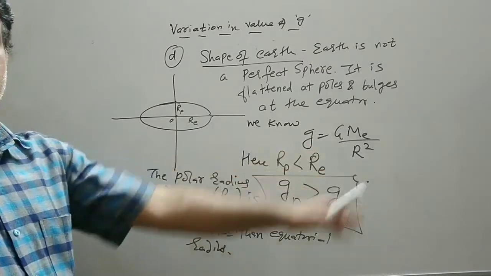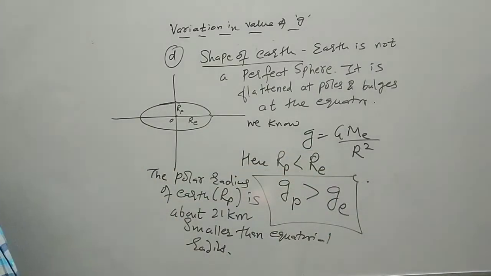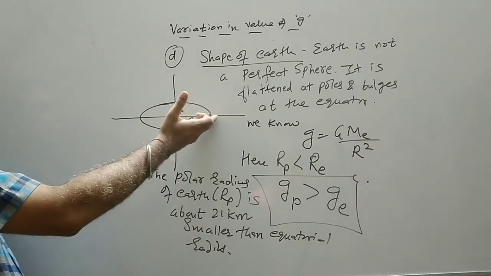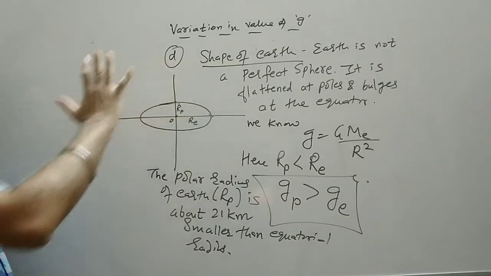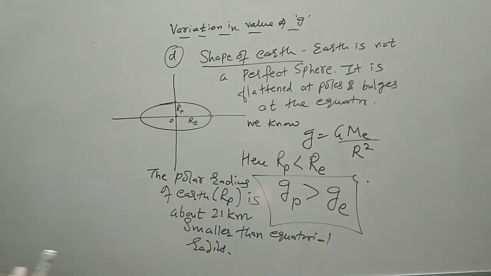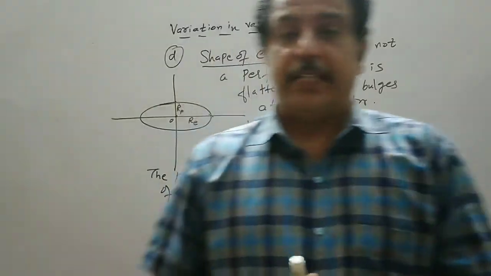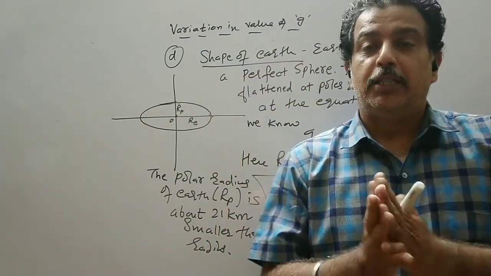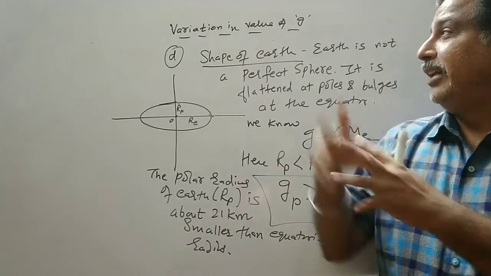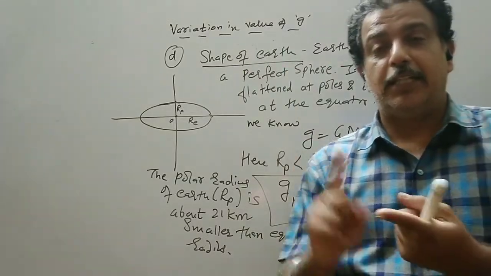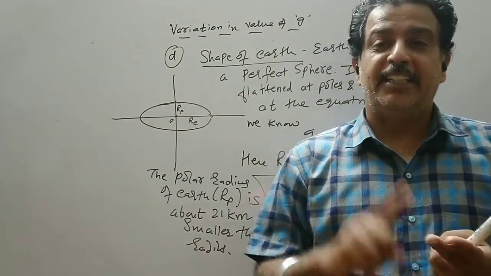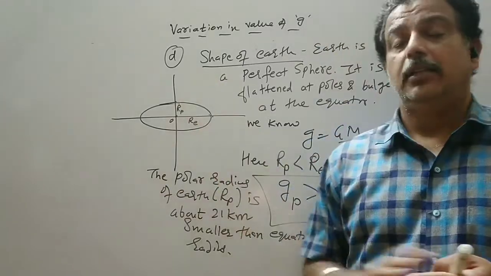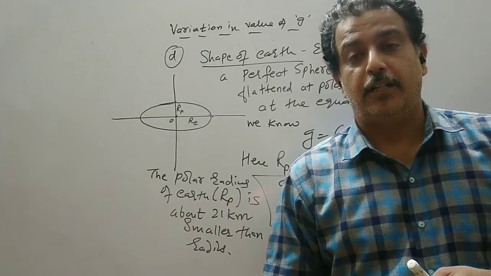Clearly g is inversely proportional to the square of the radius, so the value of g should increase as you move from equator to the pole. So at the pole the value of g is maximum, and at the equator it is minimum. This is all about the variation in the value of g due to altitude, depth, rotation of Earth, which we have discussed in detail, and the last is the shape of Earth.